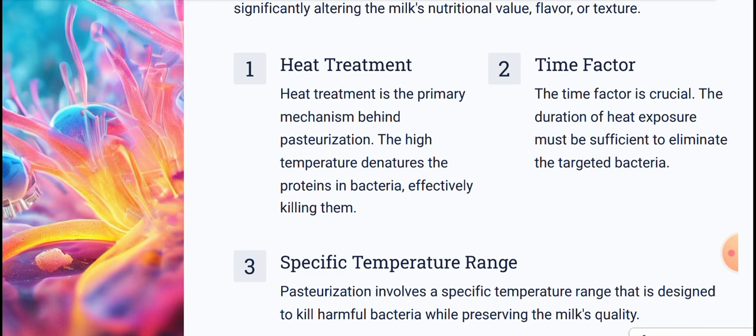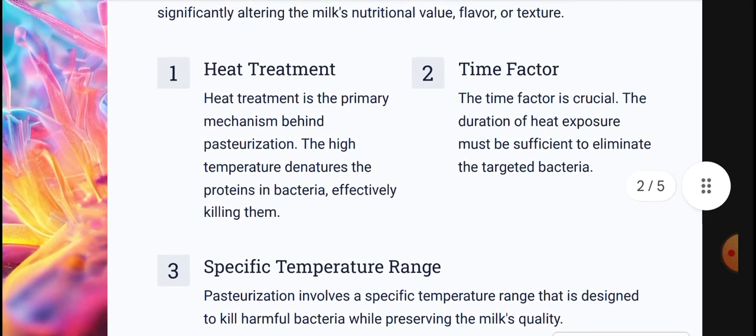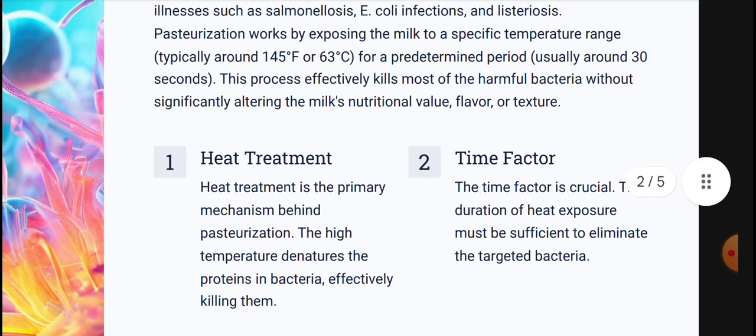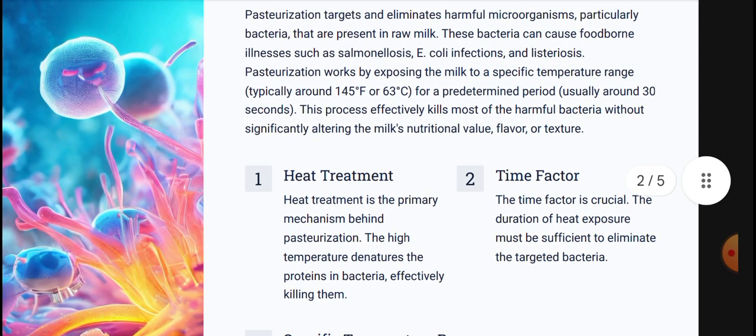When the bacterial cell population is decreased, it is directly connected with pure milk. So pure milk will never cause any infection in the consumers, or the people who are taking that milk, right?